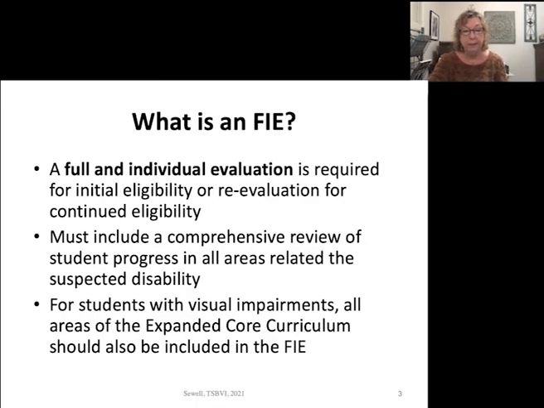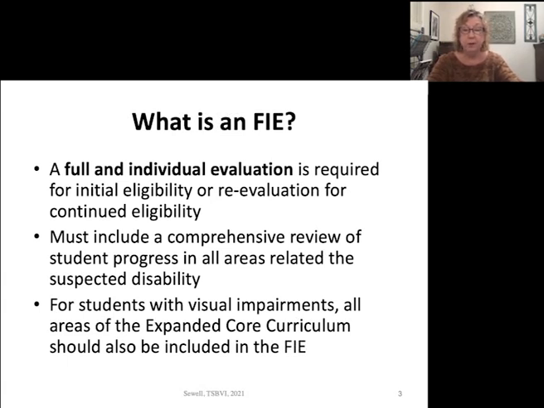So let's talk a little bit about the FIE. What in the world is an FIE? A full and individual evaluation is required for initial eligibility and reevaluation for continued eligibility. It has to include a comprehensive review of student progress in all areas related to the suspected disability.